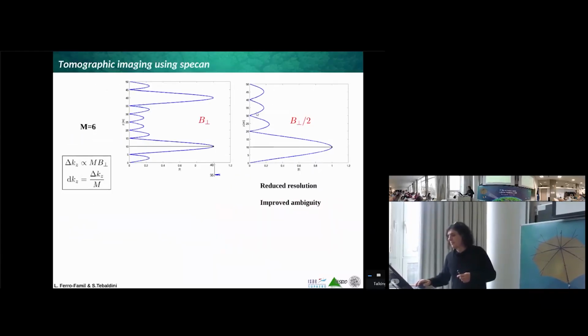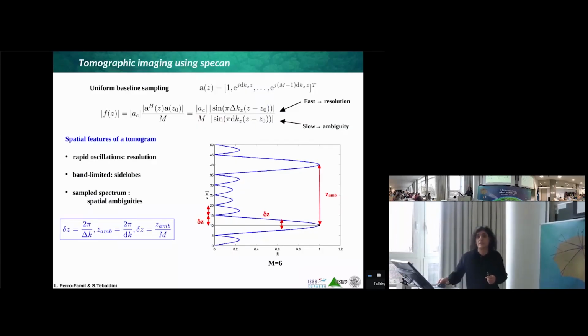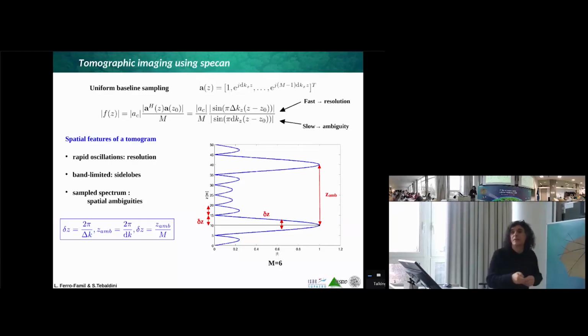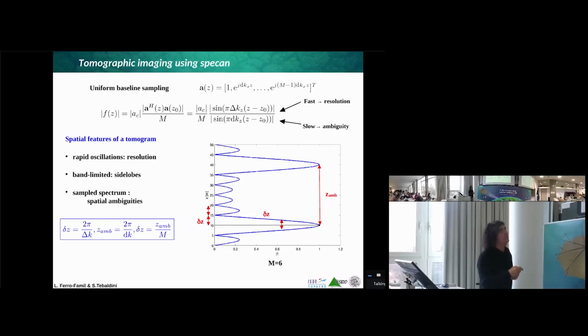And when you design a tomographic experiment, and I will conclude on this, there are some rules you need to follow. You need, of course, to select the orbits which correspond to a given resolution and a given ambiguous height.